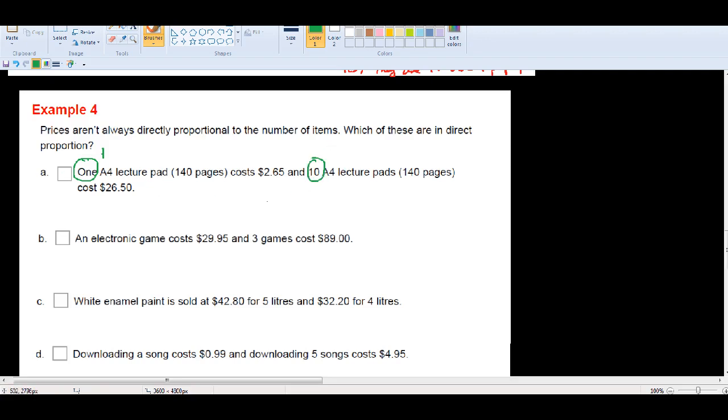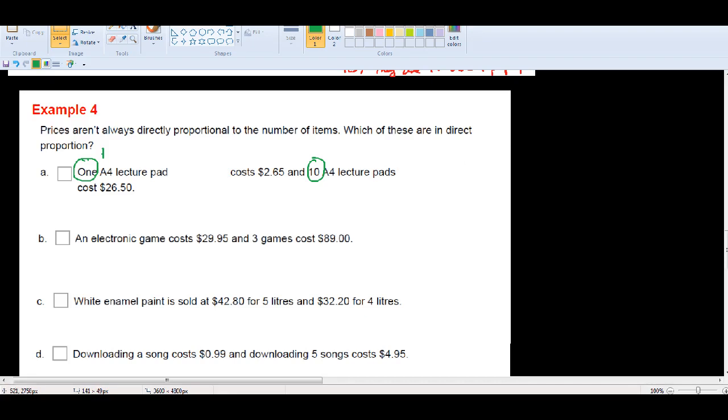These two are the number of lecture pads. There are lots of other numbers which are not relevant, like 140 pages. They are not relevant here because both packs have 140 pages each, so I might just ignore them by moving them out, to give you a clear look at what should happen here.